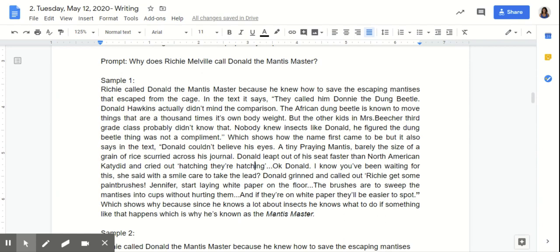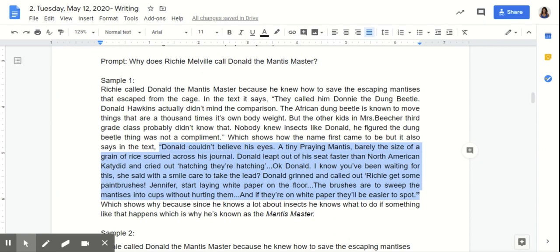Then if we go on to the next piece of evidence, we're putting an entire conversation and only separating it with dot dot dot and then making sure that it's still connecting and going on, but showing that we have some pieces here that help us prove that point, but it doesn't always state how he knew how to save the escaping mantises that escaped from the cage.